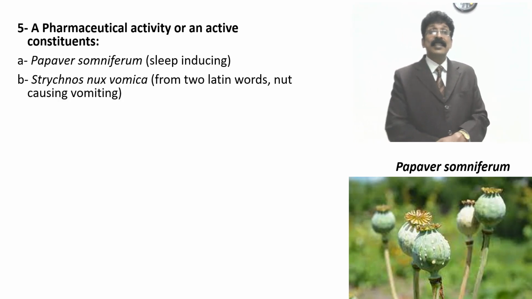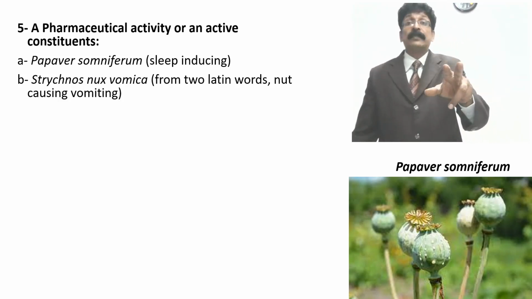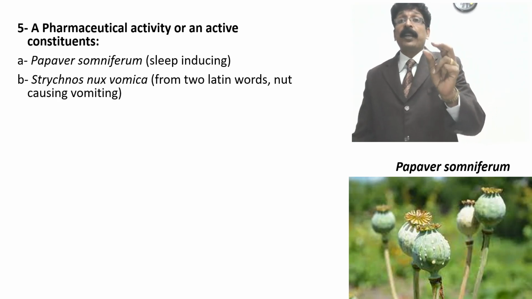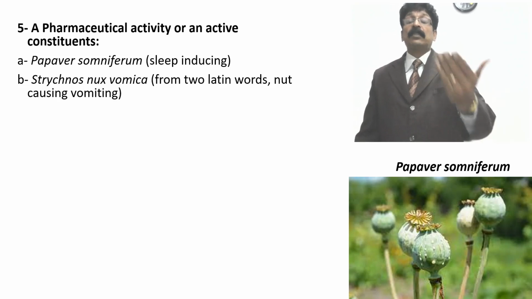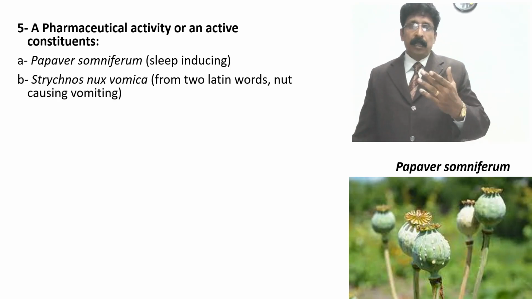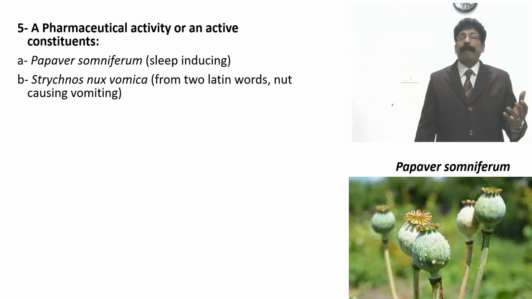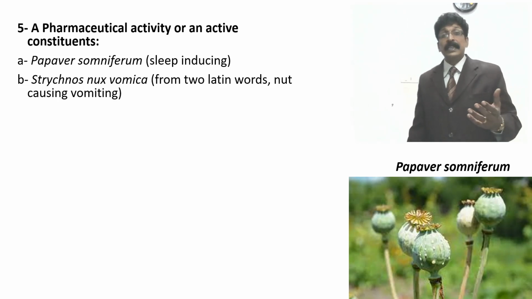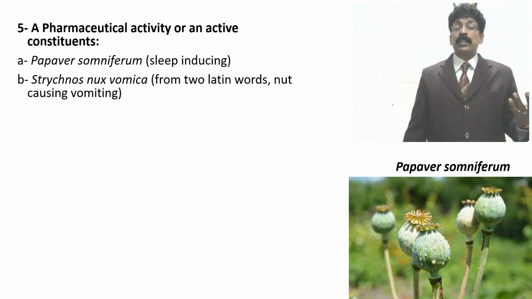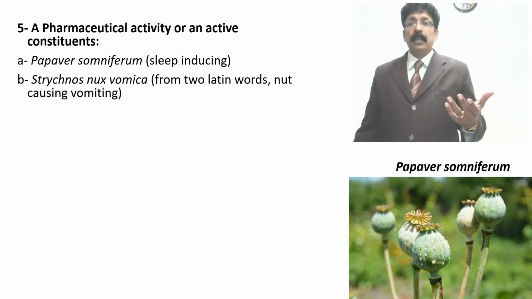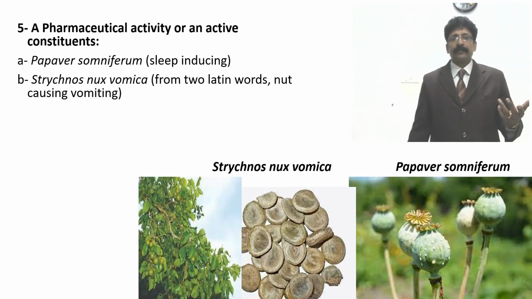Strychnos nux-vomica. Here the nux stands for nut, because the seed of the plant is used. Vomica means it causes vomiting. The constituents present in Strychnos nux-vomica, like strychnine and brucine, act as a stimulant and cause vomiting. In a small dose it acts as a drug; when the dose is increased, it may cause vomiting.